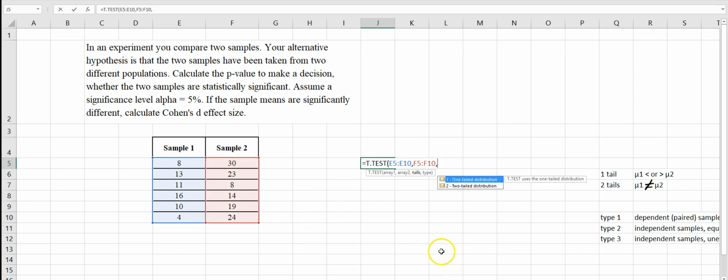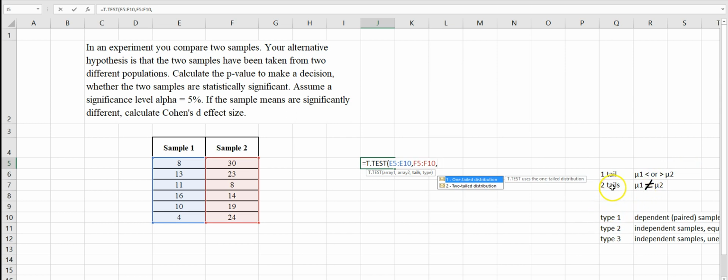And now it asks us whether we want it as a one-tailed or a two-tailed distribution. And just to remind you what this means, a one-tailed distribution here means that we know that one of the sample means is larger than the other. So we can formulate it like that.